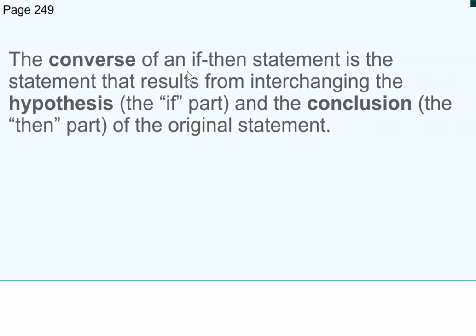Moving on to some more math stuff about numbers. So we've been talking about if-then statements. The converse of an if-then statement is the result of interchanging the hypothesis and conclusion. So if I said, if you are tall, you can dunk.